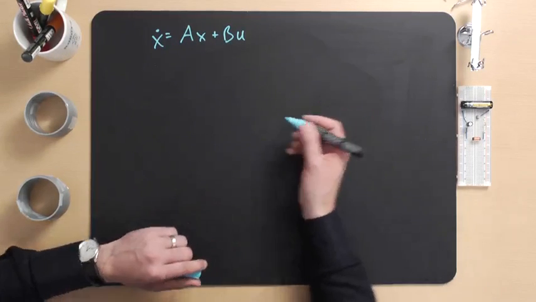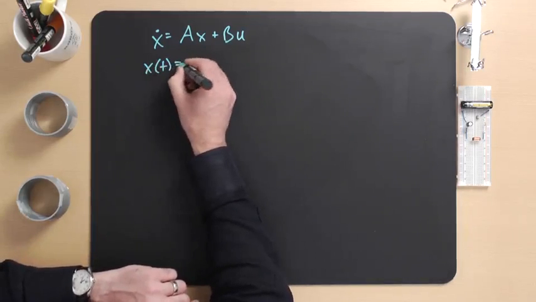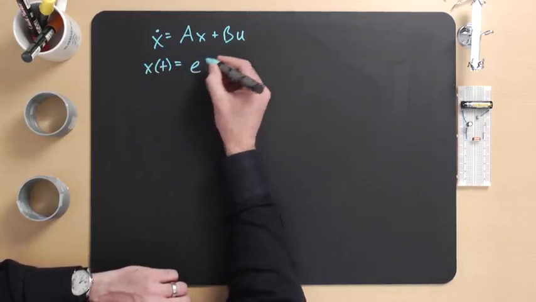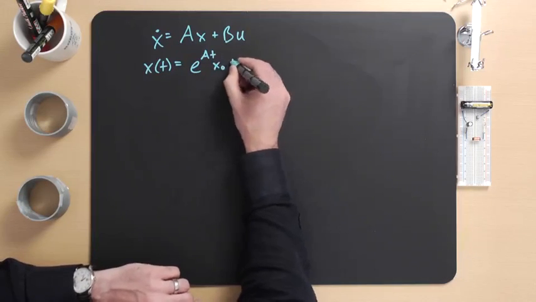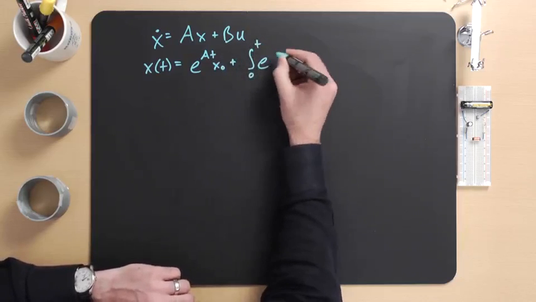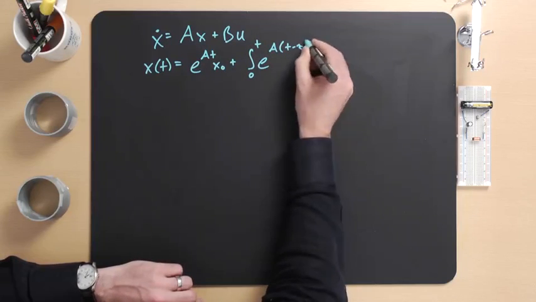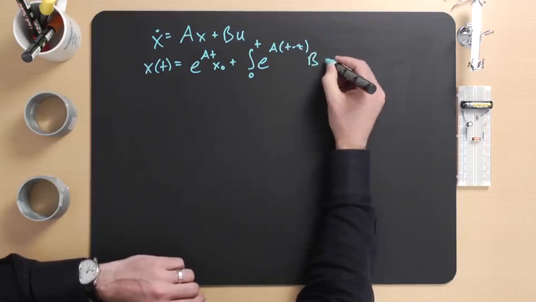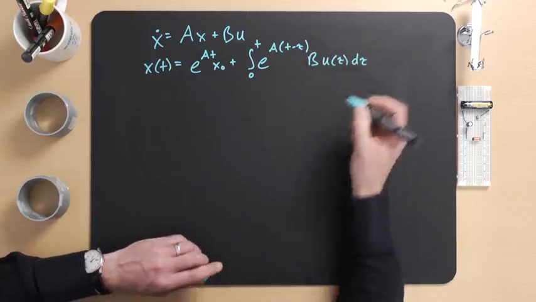The solution to this ODE is x of t is equal to e to the at x0 plus the integral from 0 to t e to the a times (t minus tau) times b times u of tau d tau. This is called the convolution equation.